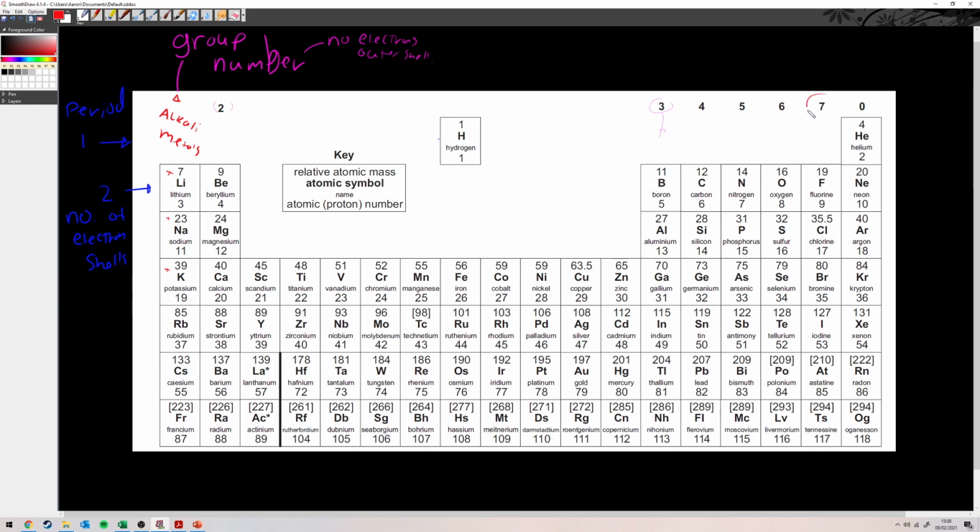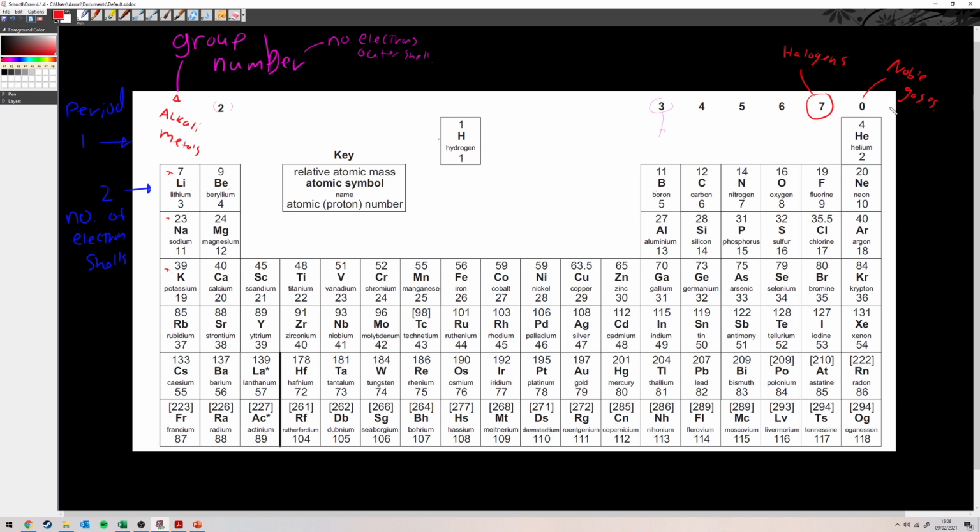Group 7, okay, these are called the halogens. So fluorine, chlorine, bromine, iodine, astatine, and tennessine are halogens and all have 7 electrons in their outer shell, and group 0 are called the noble gases.